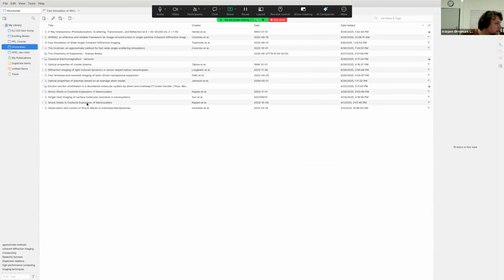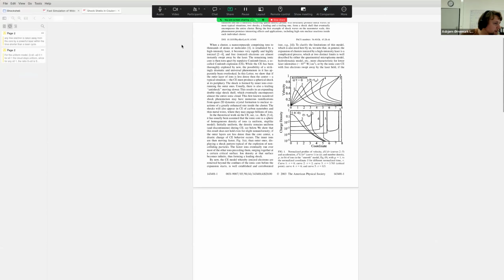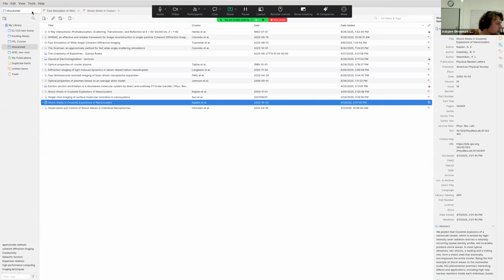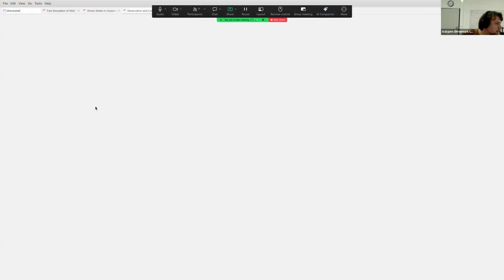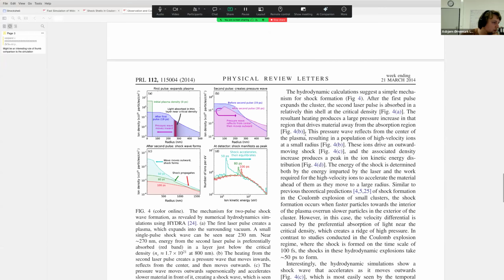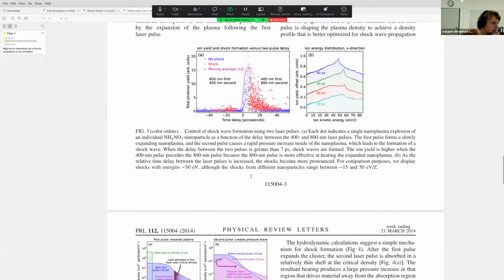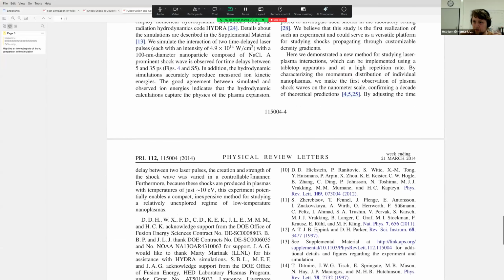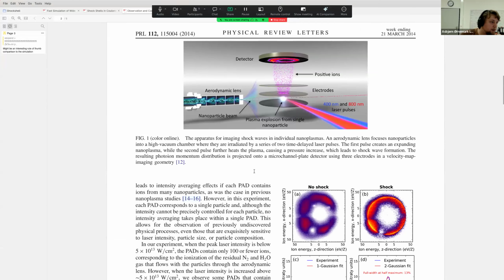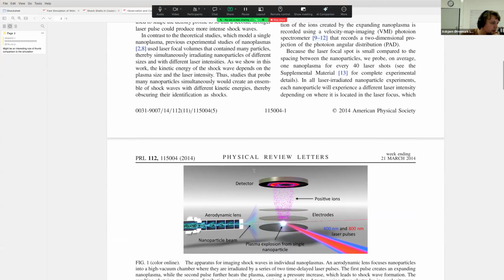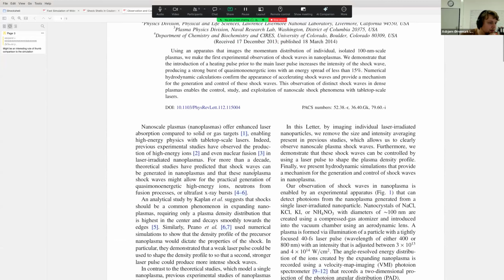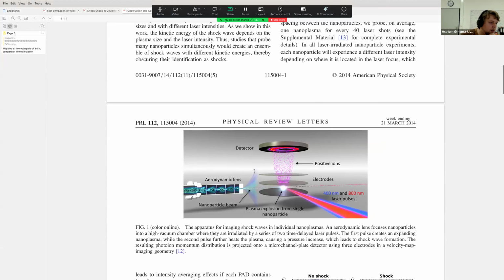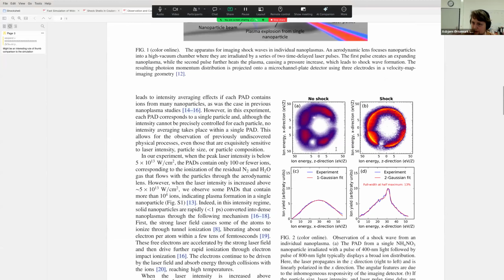There have been some people that have identified that if you make these plasmas under the right circumstances, you can get shock waves in them, and this you can see on BMI images.